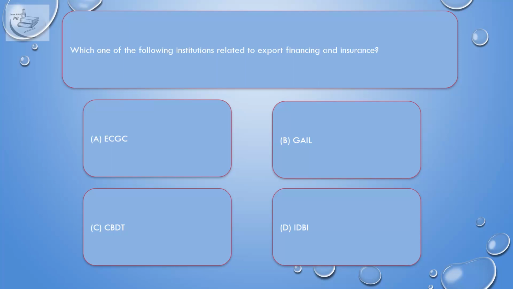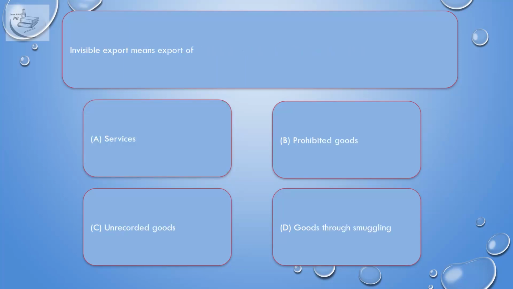D. IDBI. Correct answer is A. ECGC. Question: invisible export means export of A. Services. B. Prohibited goods. C. Unrecorded goods. D. Goods through smuggling. Correct answer is A. Services.